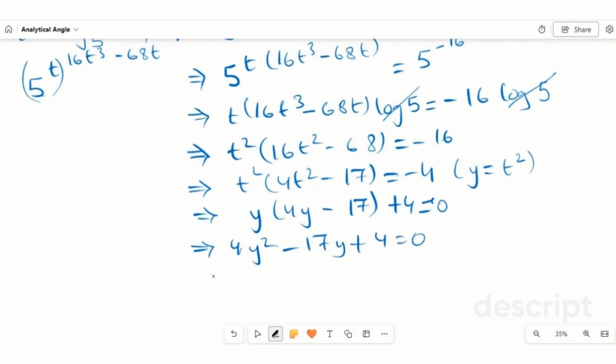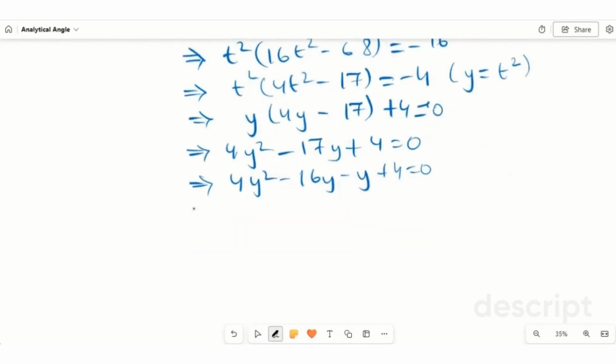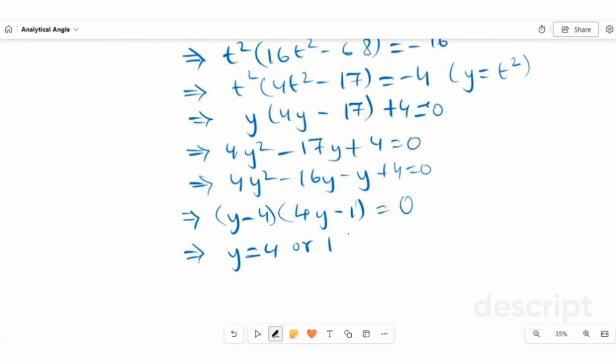And we can factor this out and write it as 4y square minus 16y minus y plus 4 is equal to 0. So this can be written as y minus 4 into 4y minus 1 is equal to 0. So this gives us y is equal to 4 or 1 by 4.